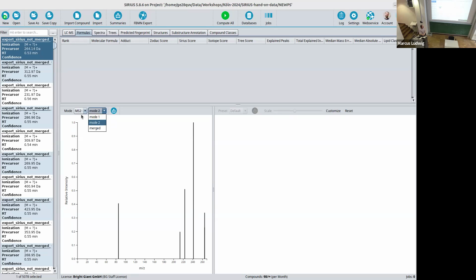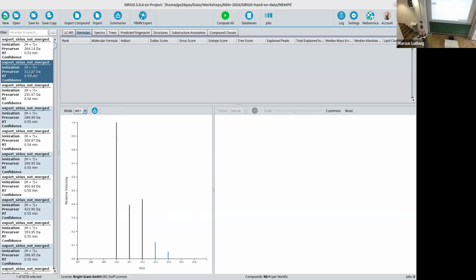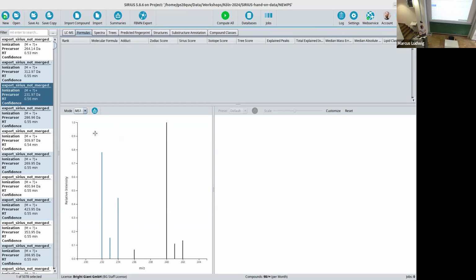So this is your data. You have the MS1, which in principle should be correlated peaks. Usually it's the isotope peaks and the isotope peaks of an adduct. Sometimes, if they are not correlating well, it takes the whole MS1.